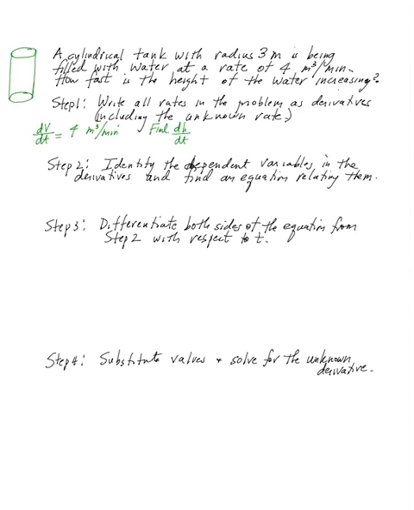Step 2, identify the dependent variables in the derivatives. Find an equation relating them. Okay, the dependent variables are V and h. So I need an equation that relates V and h. Volume and height of what?